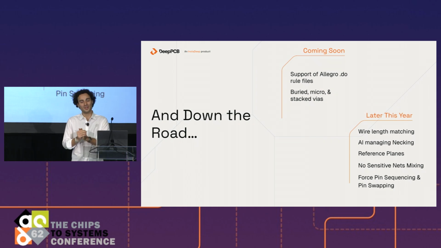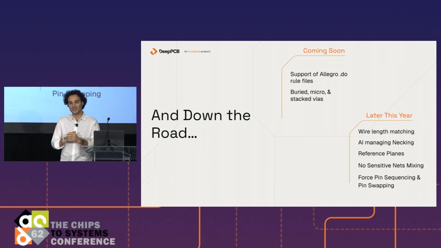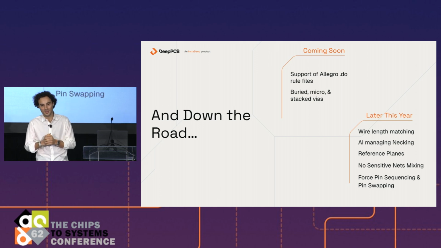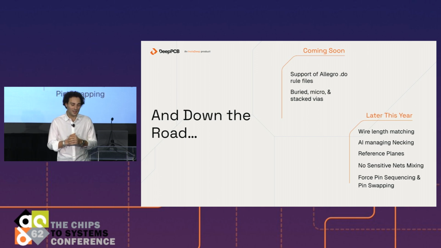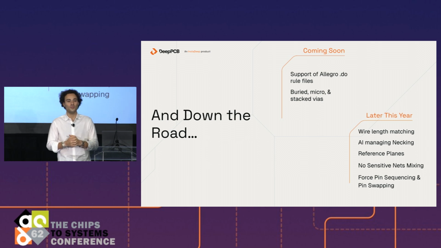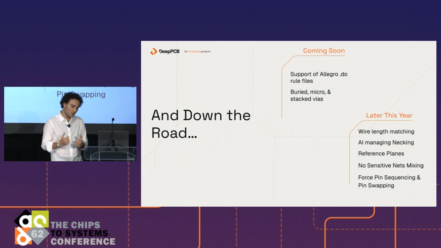It's going to take a bit of time. And at the VIA level, there are types of VIAs that we're also in the process of supporting. It's going to be implemented probably in a month or two. And then later this year and even next year, we have a whole lot of new features that are mostly driven by our users and customers. So this is pretty exciting, of course.